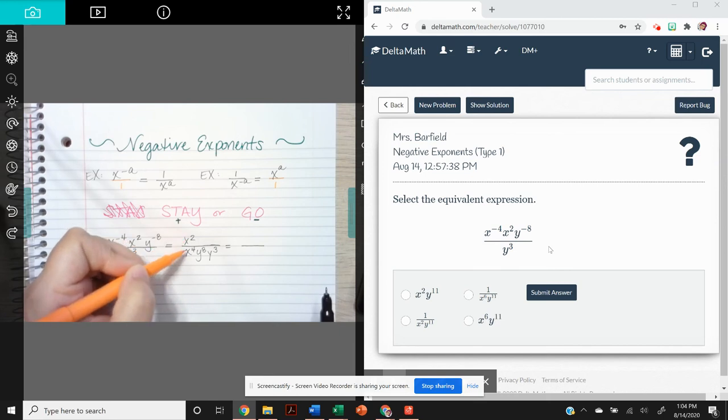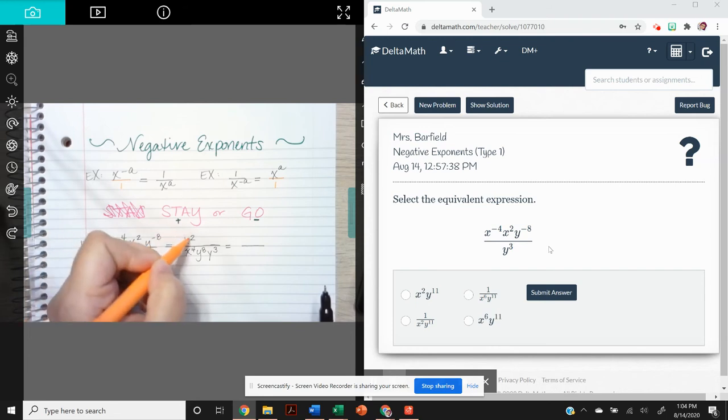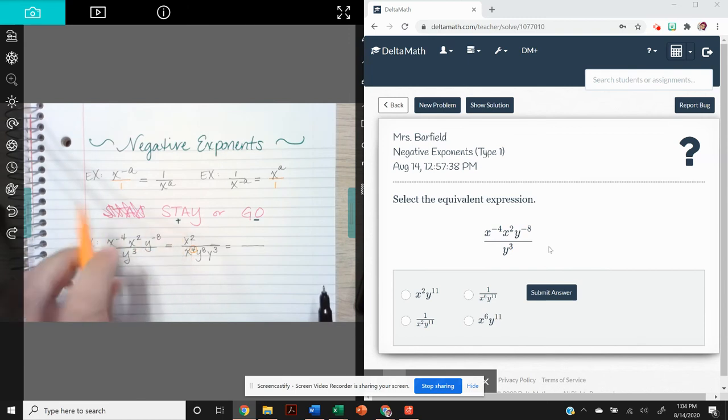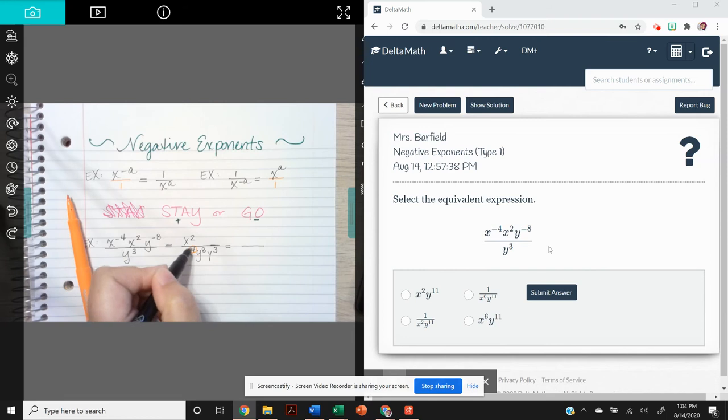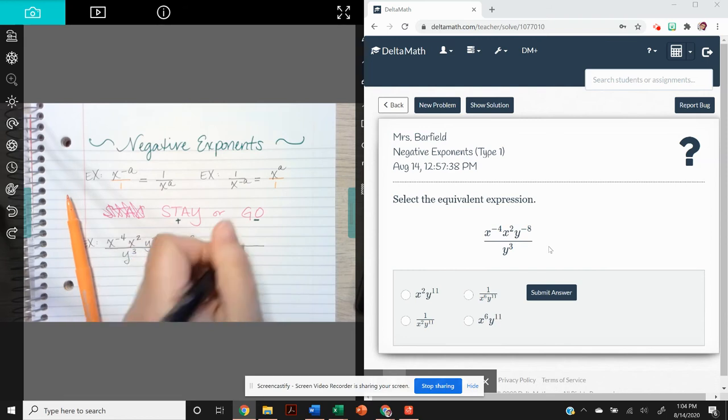One's in the numerator, one's in the denominator. That's the property that says I'm supposed to subtract. So if you remember, I circle the larger exponent. The larger exponent is 4 and it's on the bottom. So that means I'm going to do 4 minus 2.